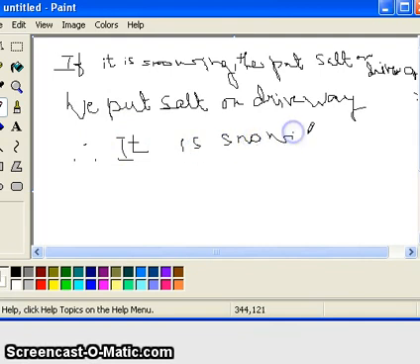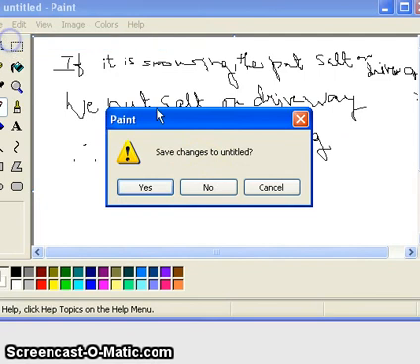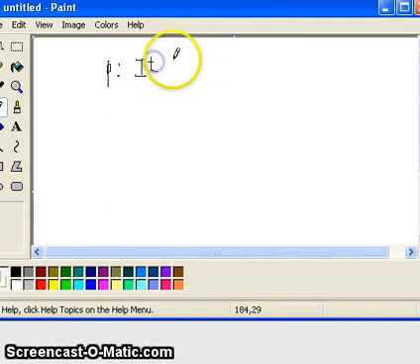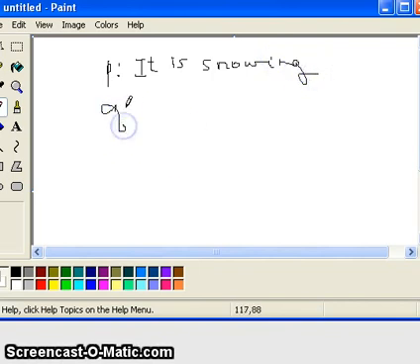Now, what we have to do is determine if this is a valid or invalid argument. So let's do that. We can say P represents it is snowing, and Q represents we put salt on the driveway.